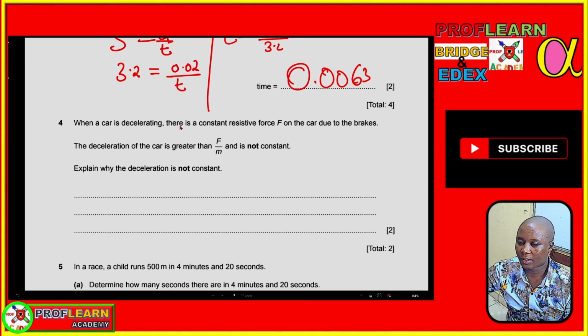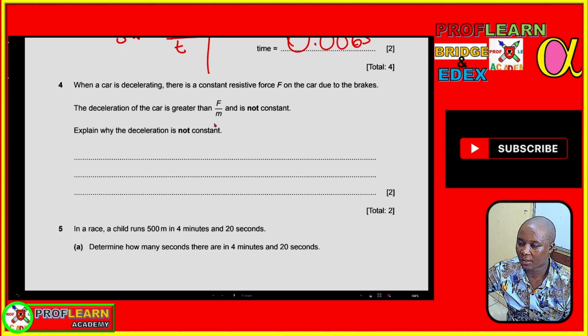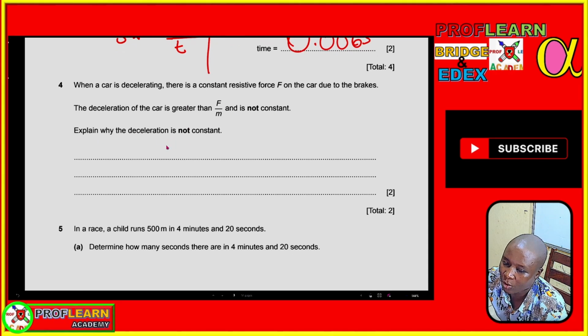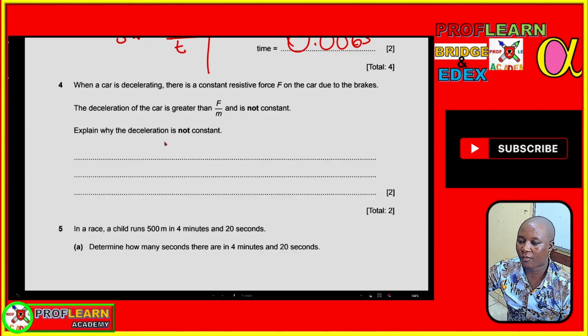When a car is decelerating, there is a constant resistive force on the car due to the brakes. The deceleration of the car is greater than that and not constant. Explain why the deceleration is greater. Even though there is a resistive force, there is also air resistance.